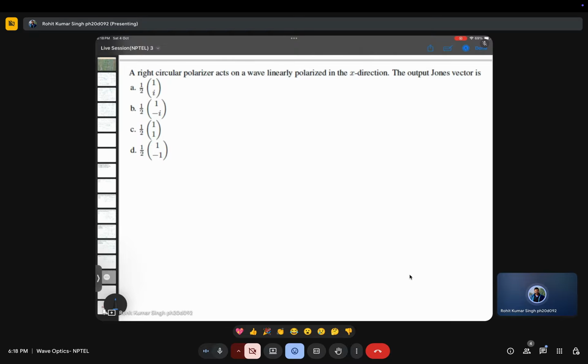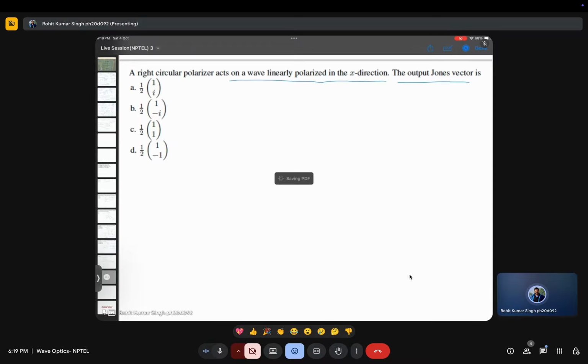Okay, another one. Now a right circular polarizer acts on a wave linearly polarized in the x direction. What is the output Jones vector? This one is tricky, and it requires some knowledge of, not much, but some knowledge of linear algebra, or if you studied quantum mechanics, then it's very easy to solve.